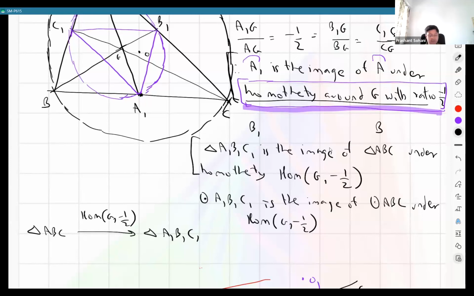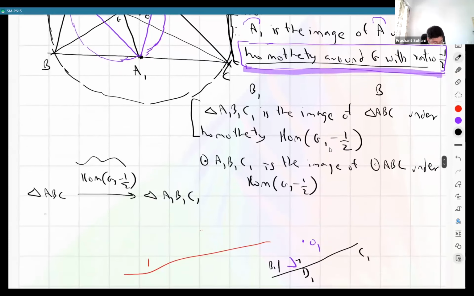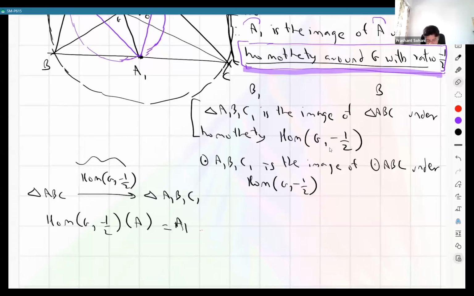So this is also conveying the same information: the original object is ABC, this is the transformation you're applying, and this is the final object. Or another way is the function notation, right? So in terms of function, you can think of this as a function applied to A will give you A1, and similarly for B1 and C1. So two, three different ways of writing the same information, whatever is comfortable or suitable for that particular description.